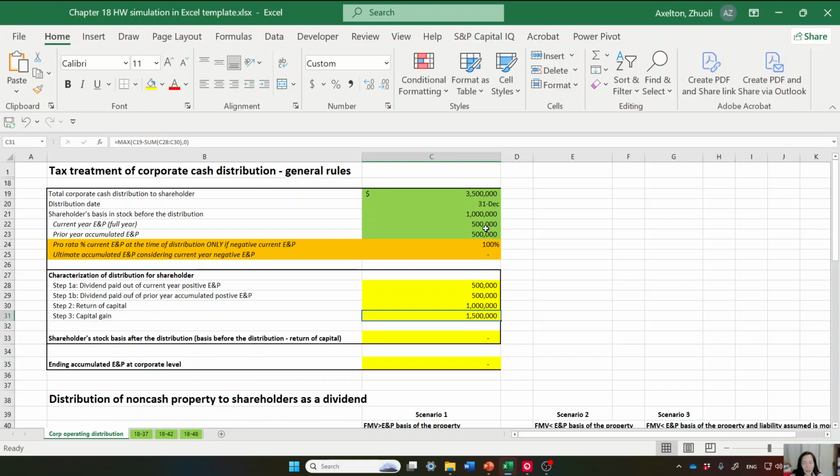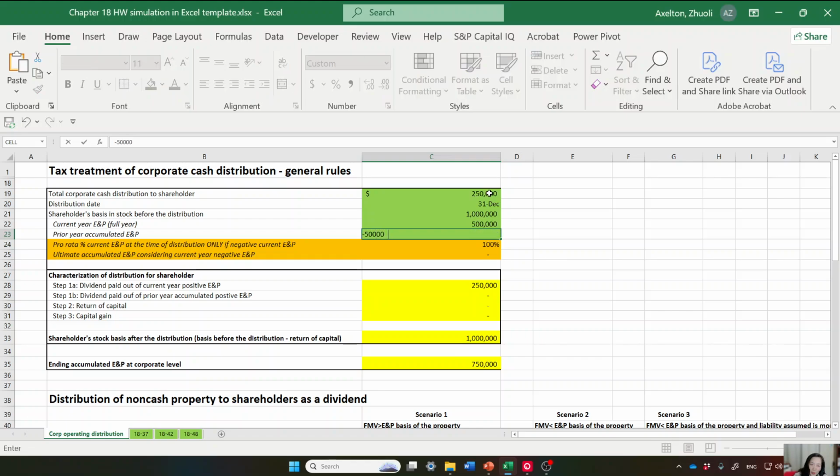And of course, things can get a little bit more complicated, right? If you're dealing with a middle of the year distribution, or in some cases, if there's a negative current year E&P but somehow you have prior year positive accumulated E&P, then things can get a little bit tricky. So you can read the rules, and let me just make this change here. See how this works, right?